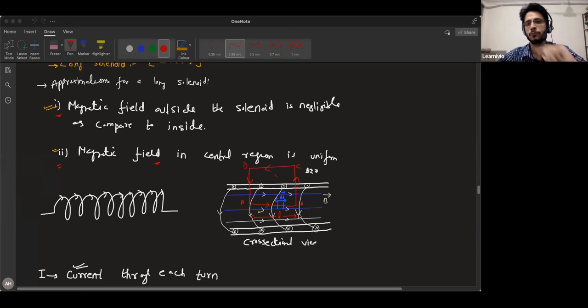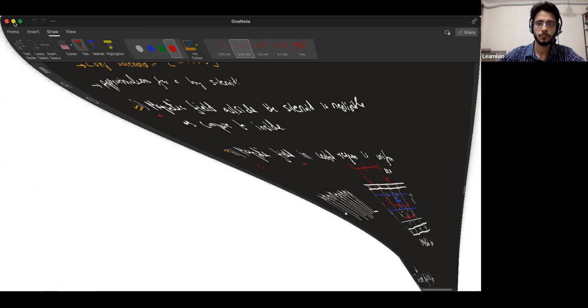Let us pass electric current through the solenoid and observe the pattern of magnetic field lines demonstrated here.